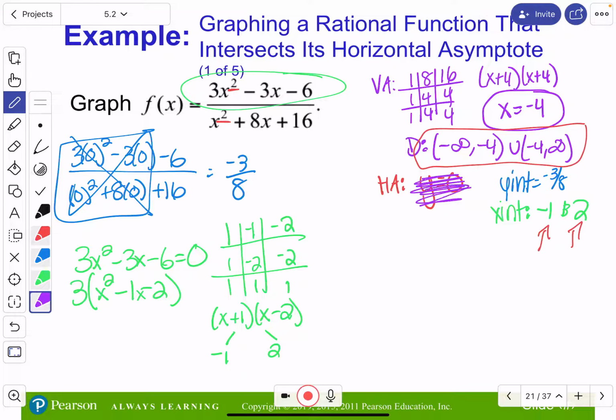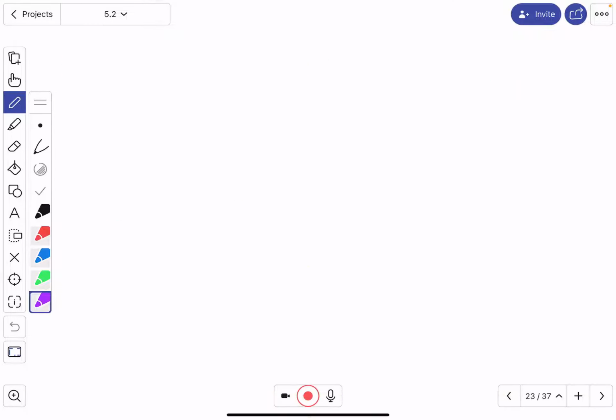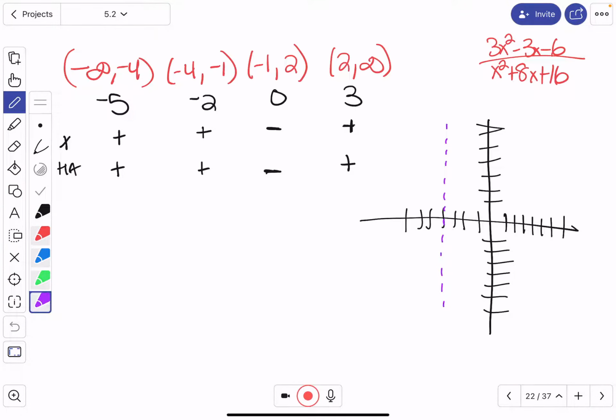I messed up here. It should be 3 over 1. So y equals 3. Which means I need to test the intersection point of 3. So if I test that, y equals 3, is that what I said?